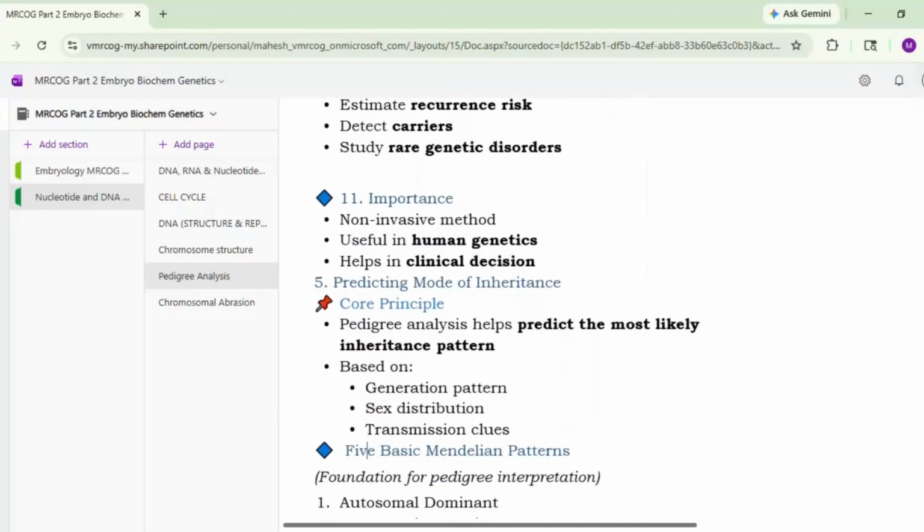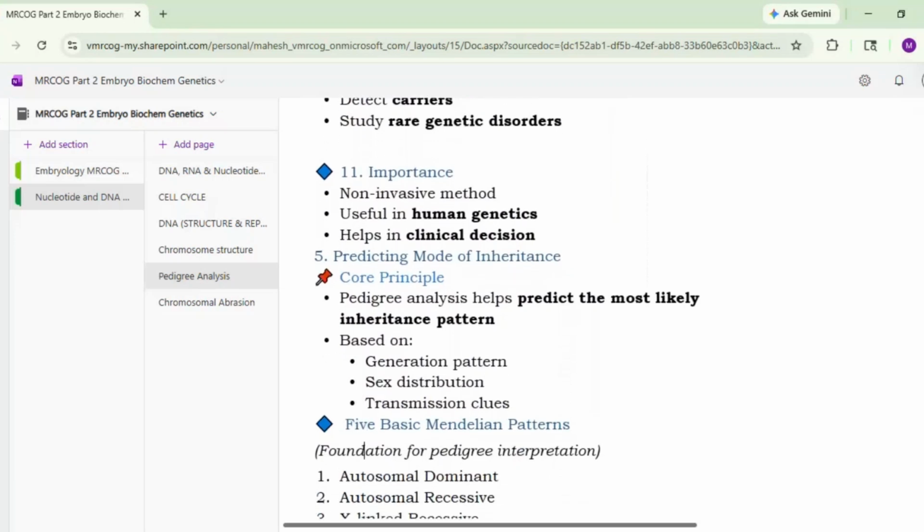Okay, so coming to predicting the mode of inheritance, there are certain core principles which you should remember. Pedigree analysis helps to predict the most likely inheritance pattern. So you can get the most likely pattern just by studying the pedigree. It is based on the generation pattern, sex distribution, and transmission clues.